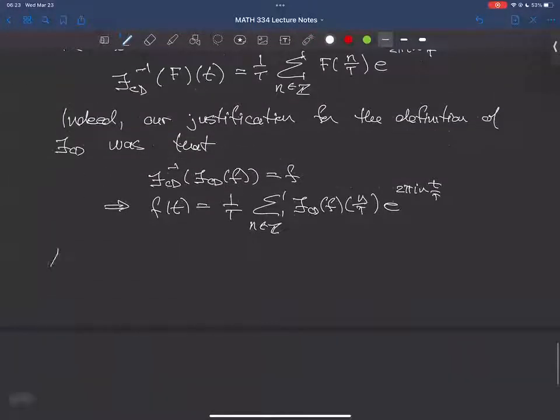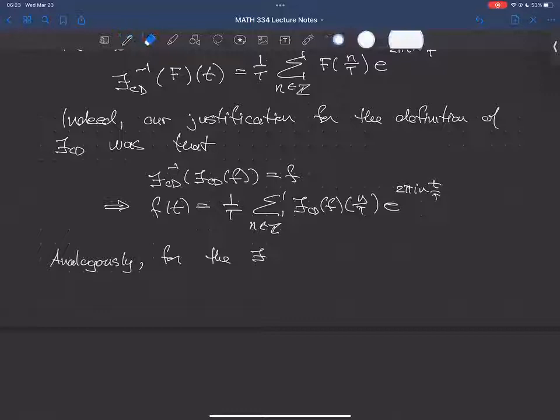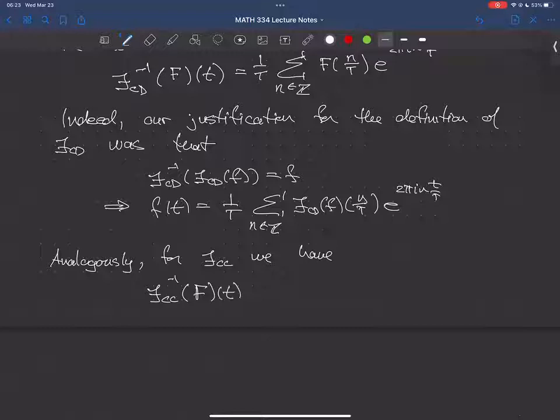Okay. So analogously, for F_CC, we have F_CC inverse of, so again, I'll take some function of frequency, capital F, okay?